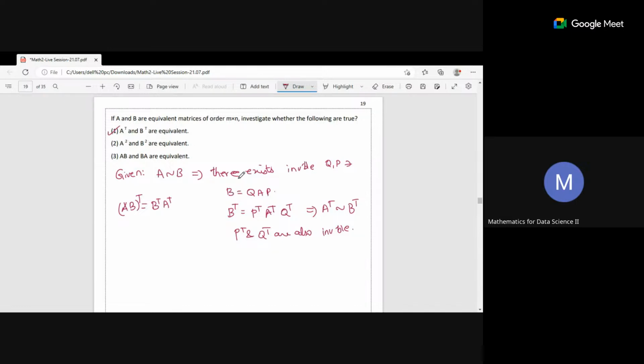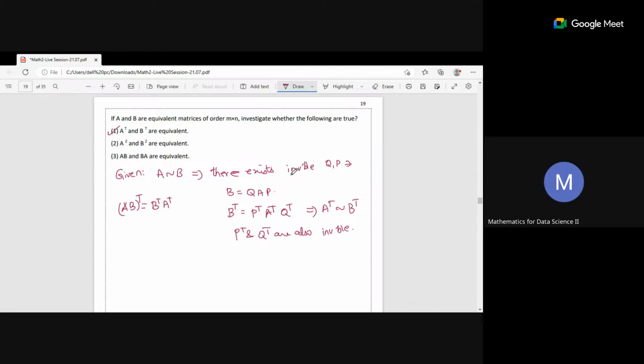Can we obtain it by squaring? Is it possible if we do squaring? The matrix multiplication itself is kind of not possible. When you take QAP and again QAP, how do we do that? P and Q won't match unless they are both of the same order.